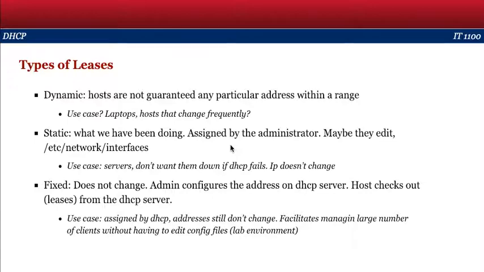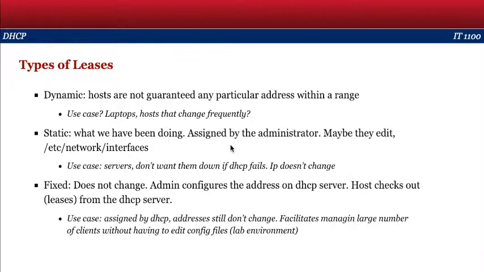Now I'm going to jump down to fixed for just a second. A fixed address lease given by a DHCP server does not change. The administrator configures the address on the DHCP server. Hosts will then check out the lease from the DHCP server, as we've explained.